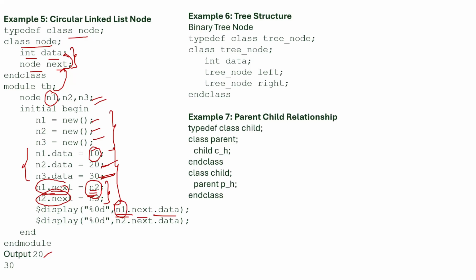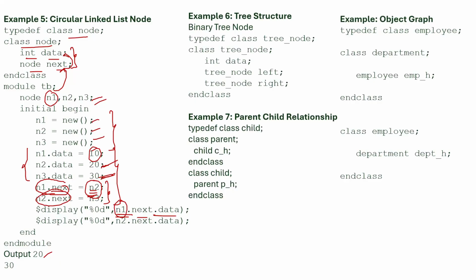That is the way I am representing the node. Tree node gives you the left part and right part. Based on that, you can assign the values. And parent-child relation, same thing. Class parent and then end class and child. So that means the parent handle is in the child, child handle is in the parent.